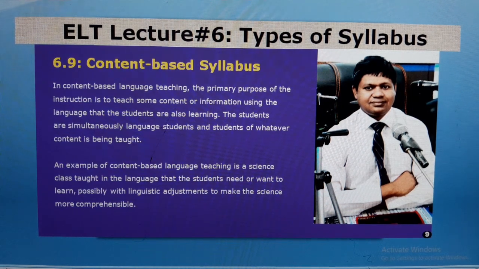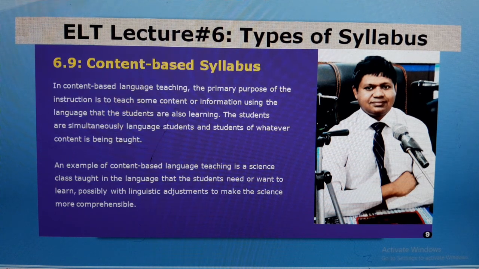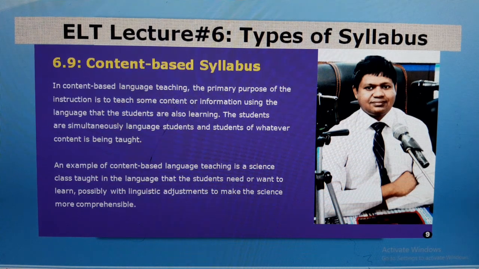Other types of syllabi. According to aims, purposes, targets and goals, there are two other major types of language learning syllabus. They are number 1, product-oriented syllabus, number 2, process-oriented approach or syllabus.